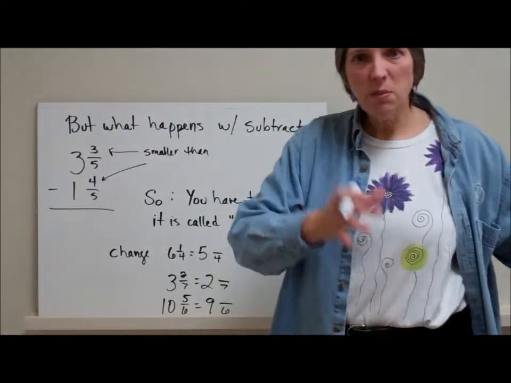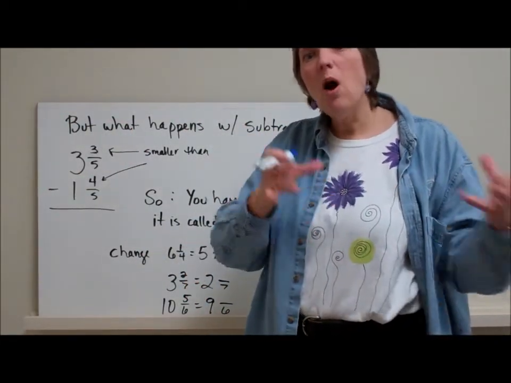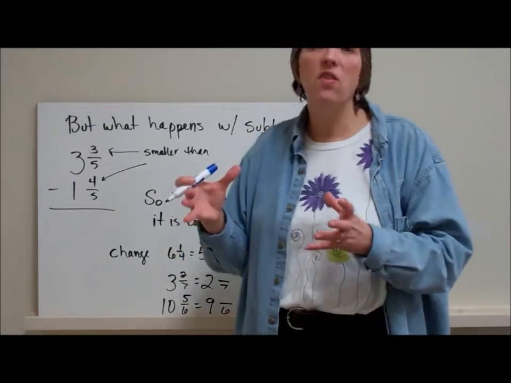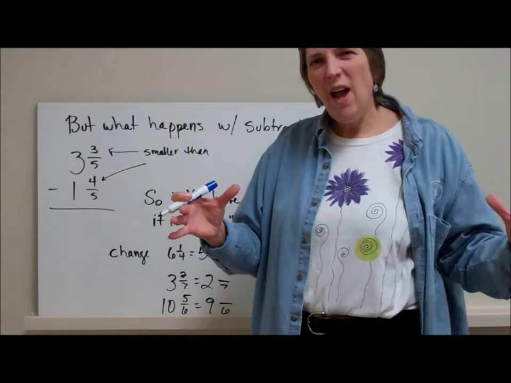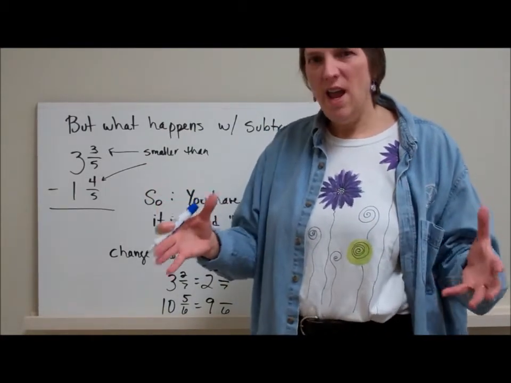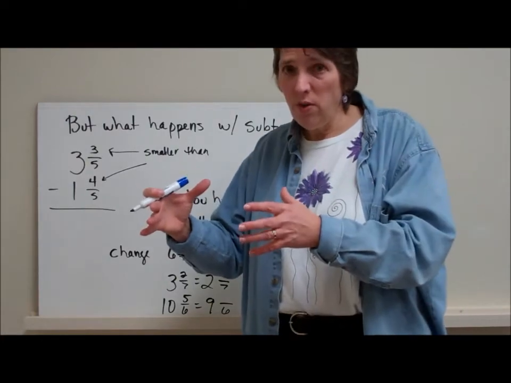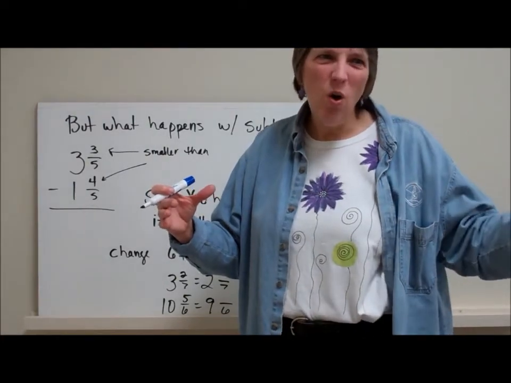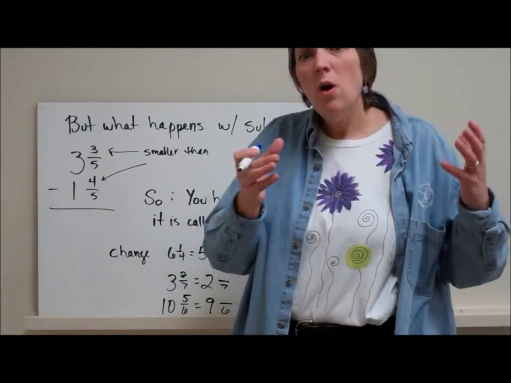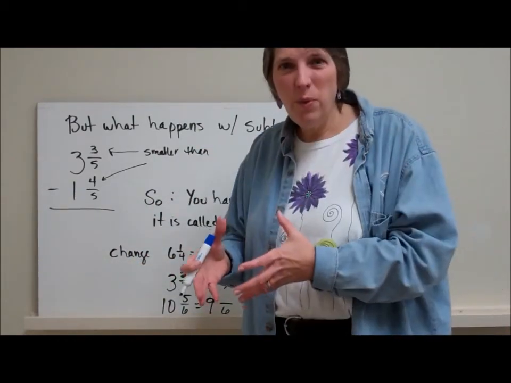I want to borrow a whole from one pizza because the last pizza only has 1/4 left, but I want to take a whole pizza with me. So how much pizza would I have if I had 1/4 of a pizza, but wanted to take a whole pizza with me? I'd have 1 1/4 pizza.